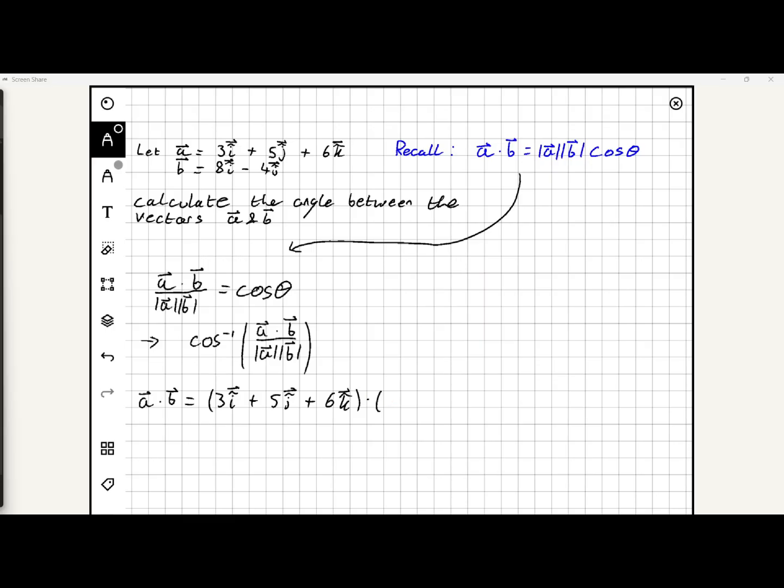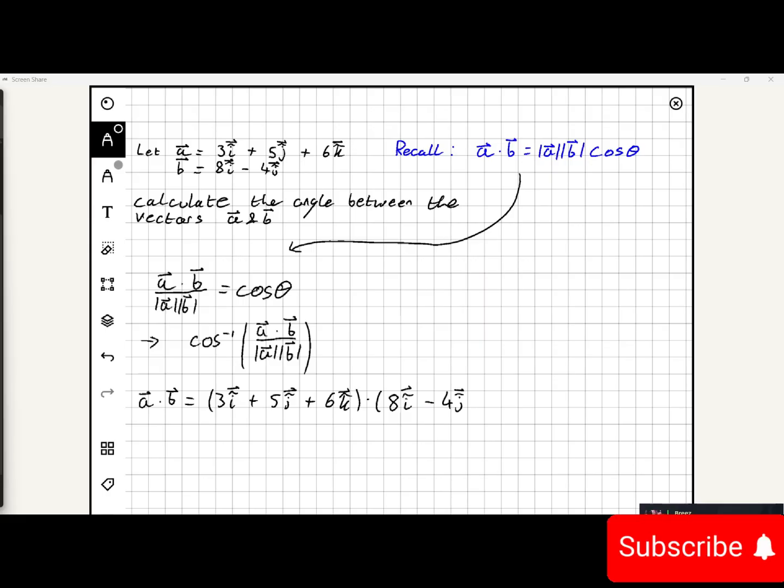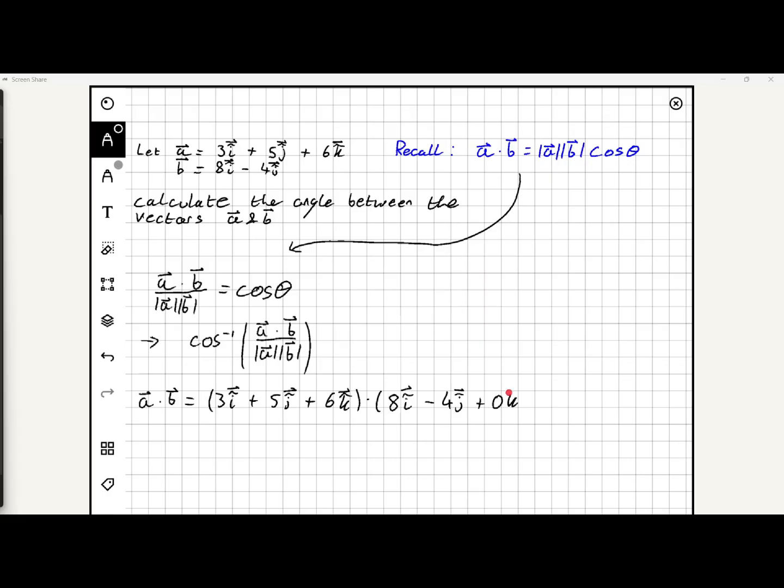Okay, so we've got 3i plus 5j plus 6k dot product with 8i minus 4j. Now to make this a bit easier, we can just put plus 0k, because remember before when we were talking about the e basis, only e1 dotted with e1 survives, and if we had e1 dotted with e2, it would equal 0.